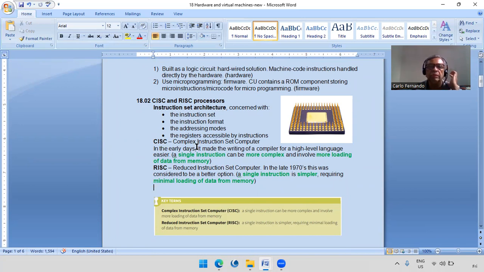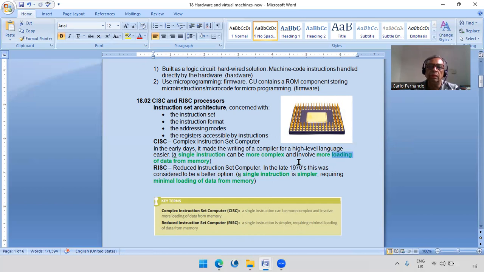This instruction set is complex. A single instruction, I have put them in green, so note carefully, can be more complex and involve more loading of data from memory.